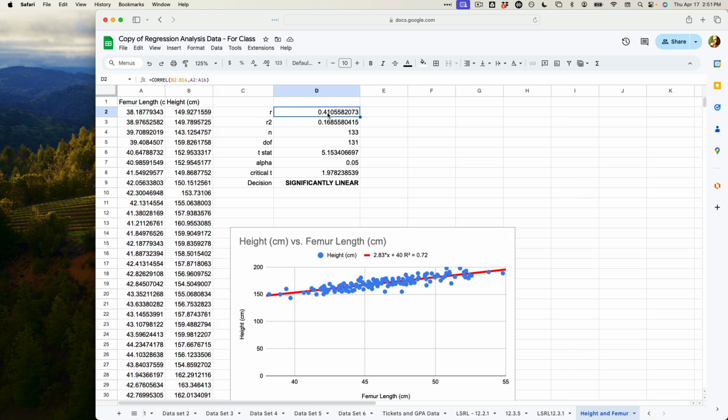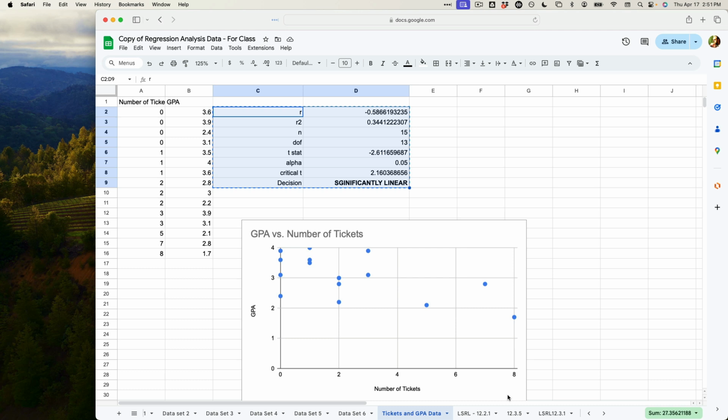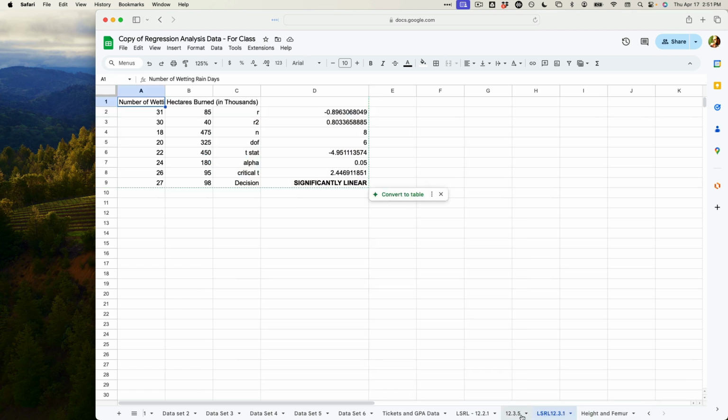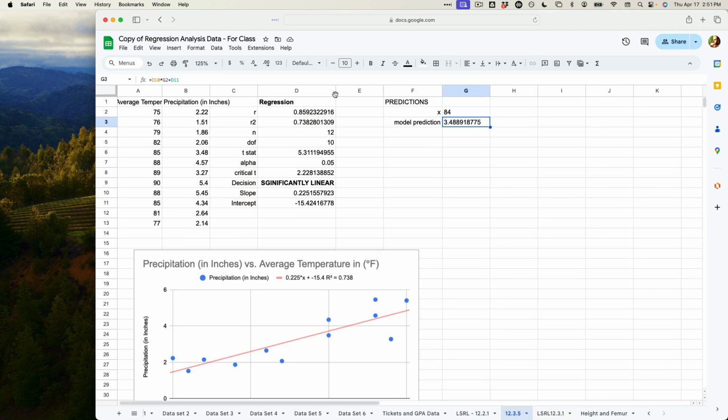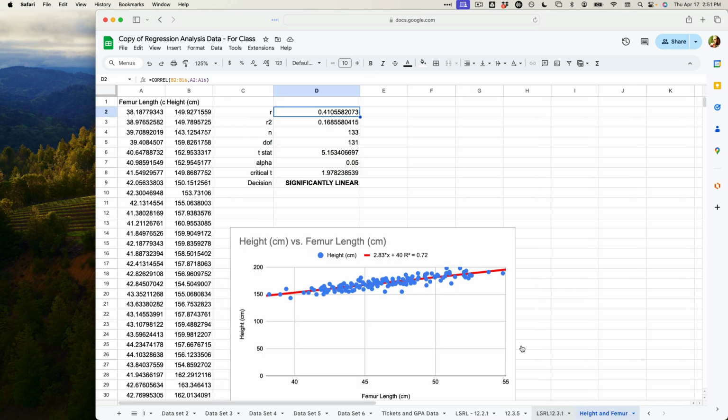What's going on here? Yeah, this is not a copy and paste. Sorry about that. This is bad. Actually, I'm going to copy these guys here, and just put them on the height femur.